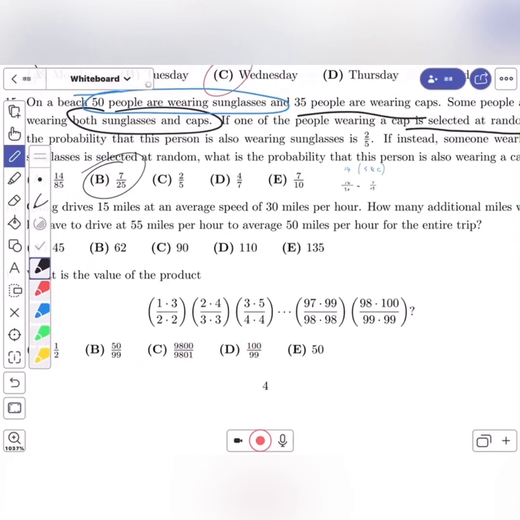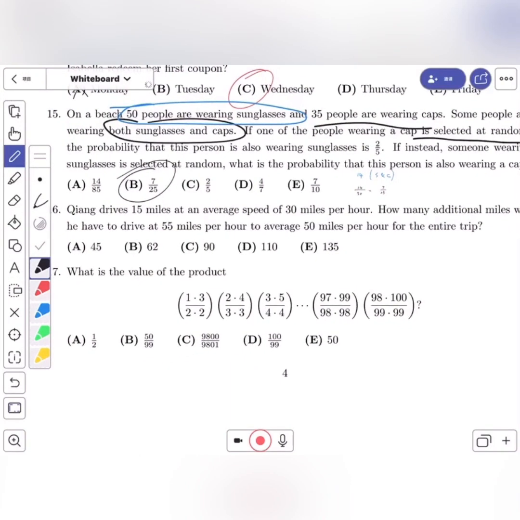So basically we want to find the total number of miles that he drives and then divide by the time.